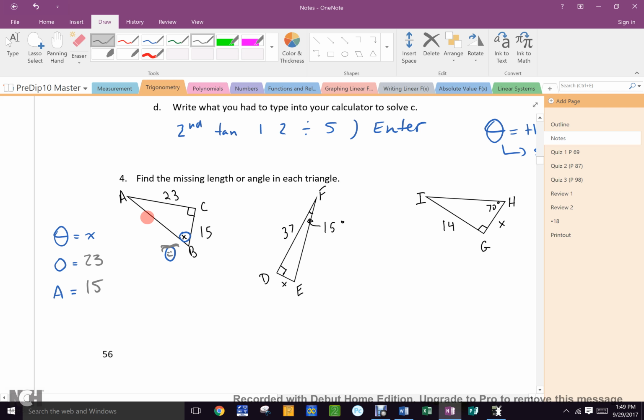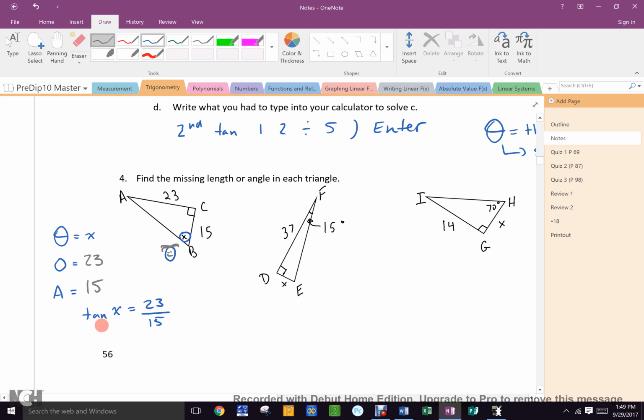Everybody is good? Okay. Now we perform our trigonometric work. Since we have an opposite and adjacent, tan of x, because I don't know the angle, equals 23 opposite over adjacent. What math finds me an angle?